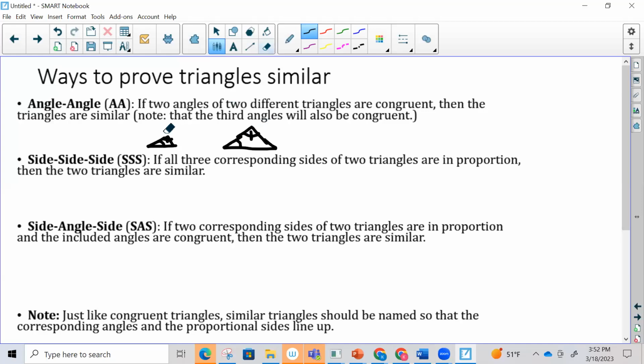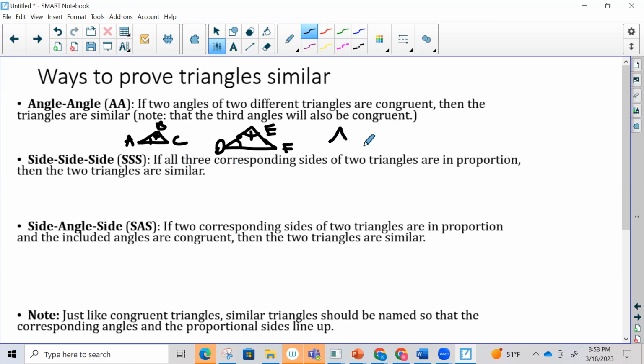If I knew 2 of them are congruent, then I know that the 2 triangles are similar. So I don't need to know anything about their sides, but if I know 2 pairs of angles are congruent or 3 pairs of angles are congruent, then they're similar.